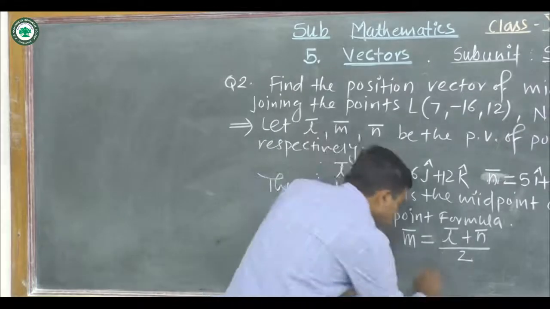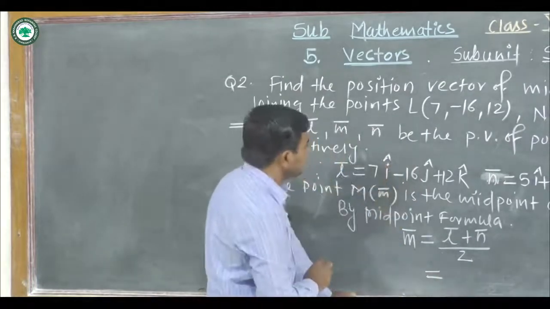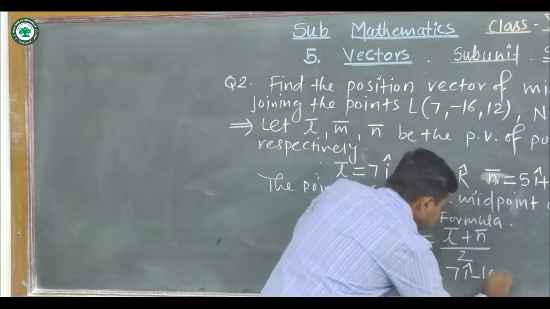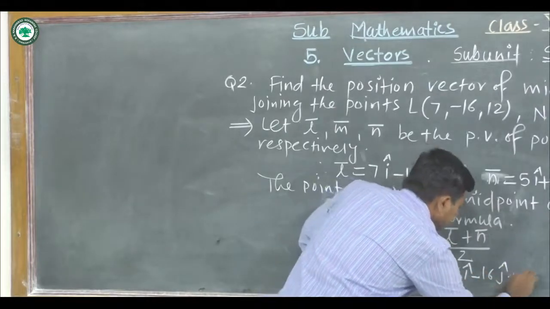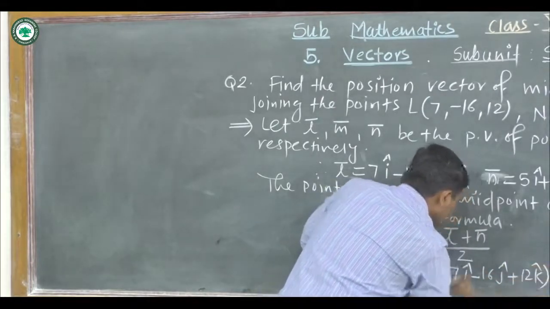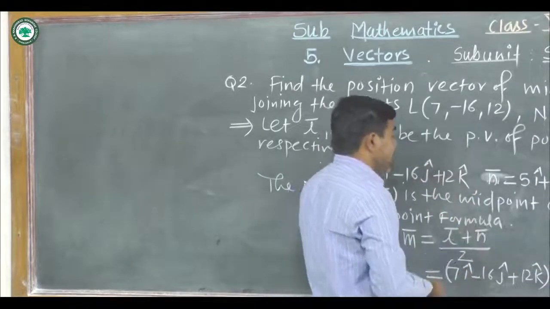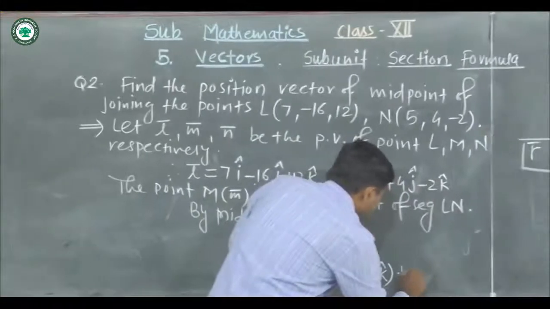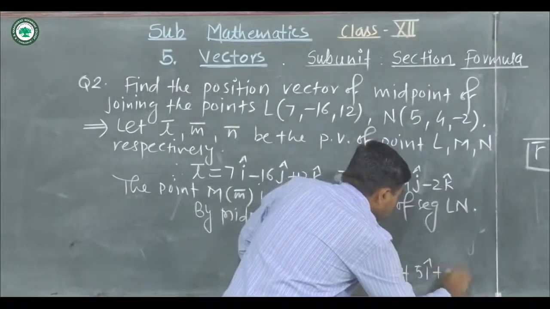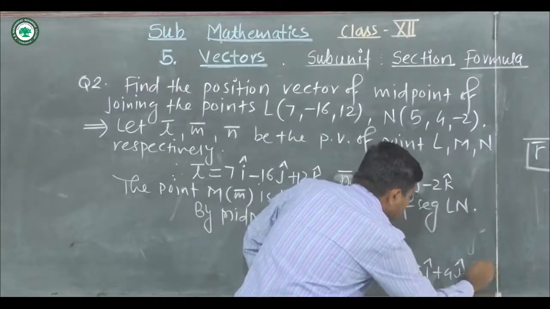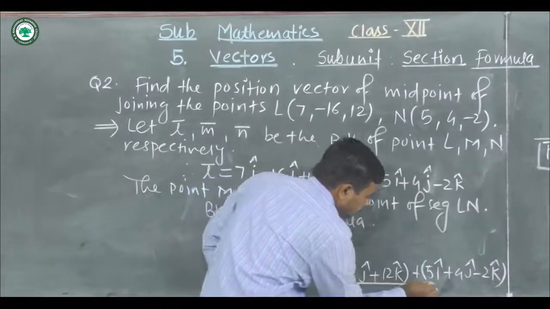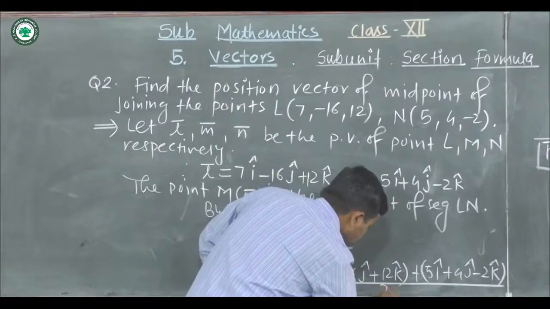So again it is equal to, what is l bar here? 7i cap minus 6j cap plus 12k cap. This is your l bar plus n bar. What is n bar here? 5i cap plus 4j cap minus 2k cap, divided by 2.